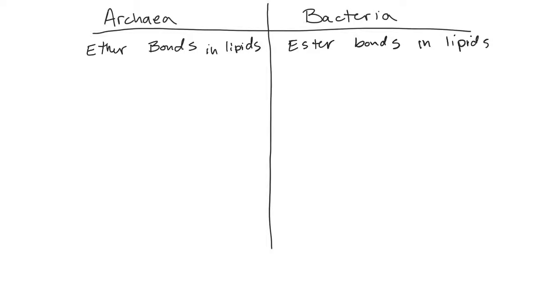Which one has peptidoglycan? Bacteria, yes. Would you see peptidoglycan in fruits? No, it's only in bacteria, as far as I know. So archaea does not have peptidoglycan.